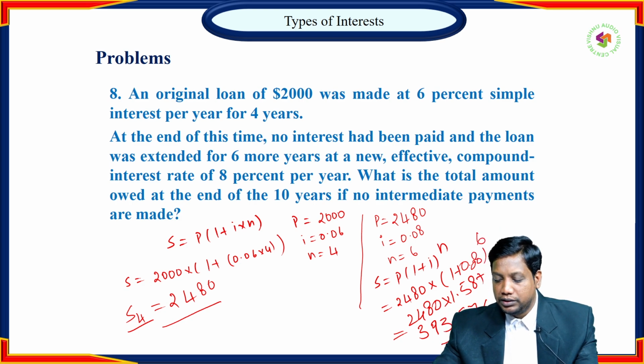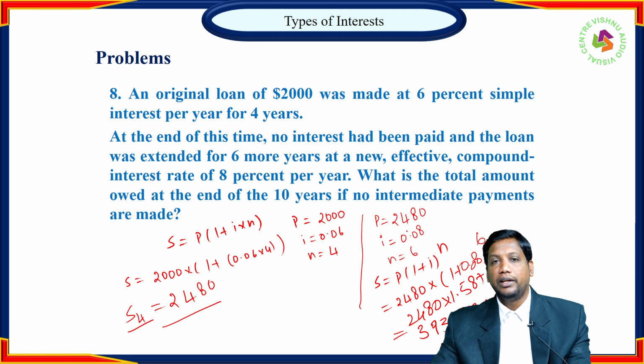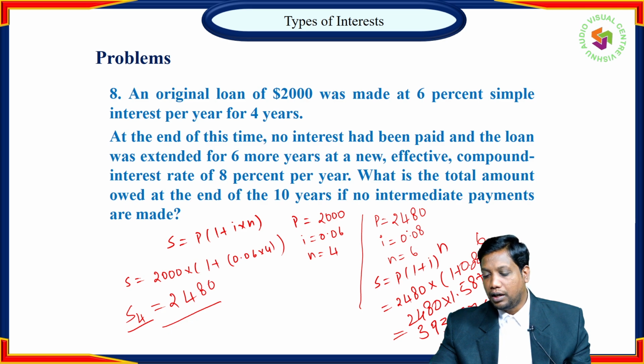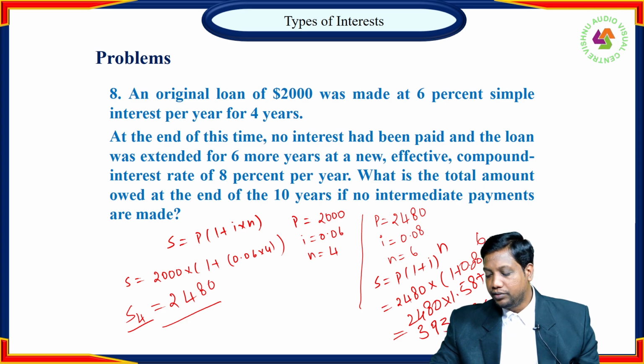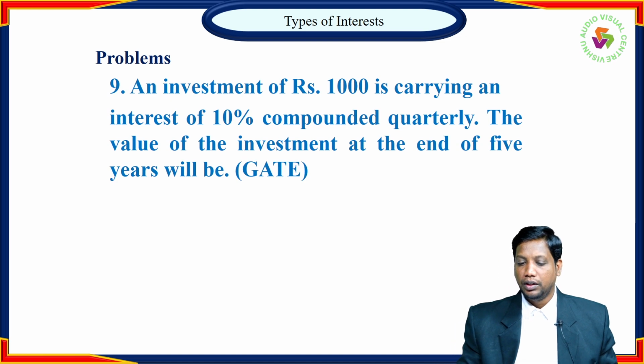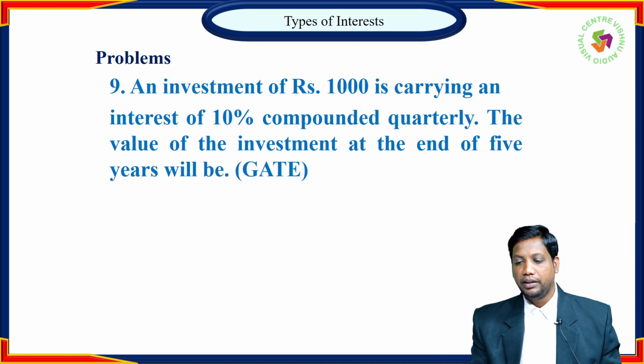So principal is 2480 and from here onwards it was stated as compounding interest, so we need to consider compounding. n equals 6, i equals 0.08. If we substitute everything, we will get 3935.76. So this is one problem, given previously in GATE.